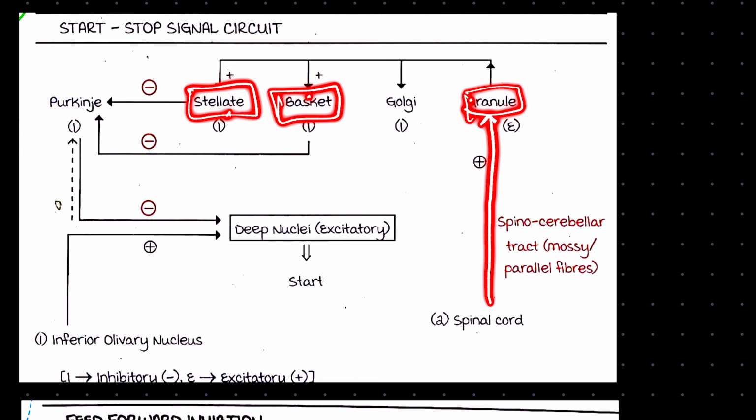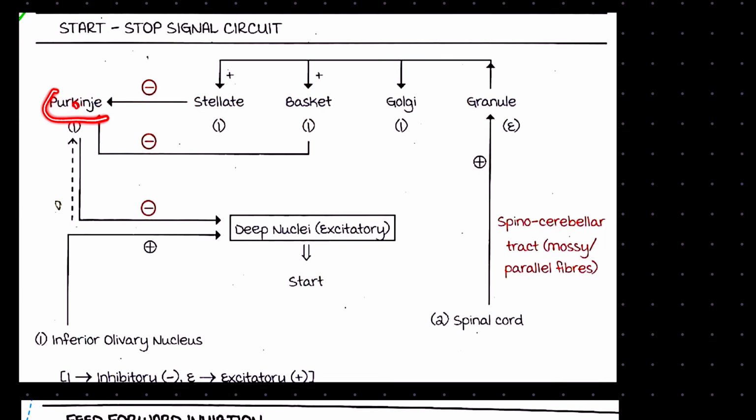Now these basket and stellate cells will inhibit these Purkinje cells. That means our mission is accomplished. As the Purkinje cell is inhibited, the stop phase, which was because of the Purkinje cell inhibiting the deep nuclei, will again go into the start phase. Why start phase? Because now this Purkinje cell is inhibited.